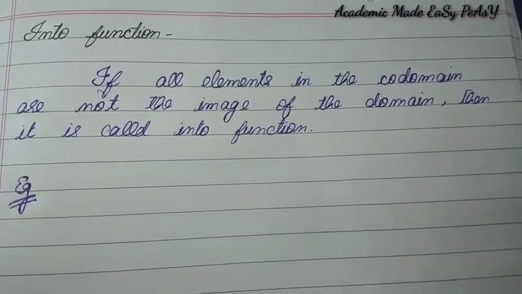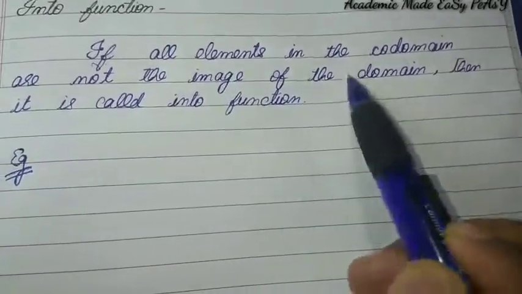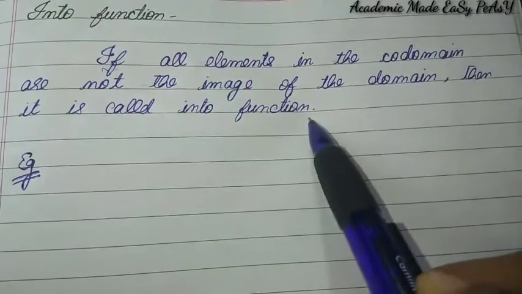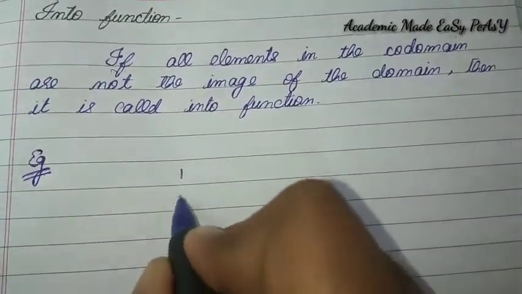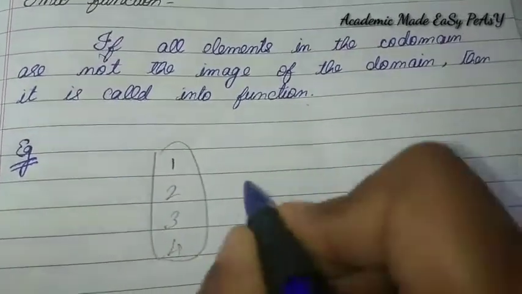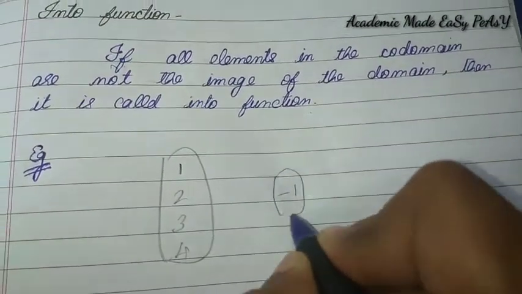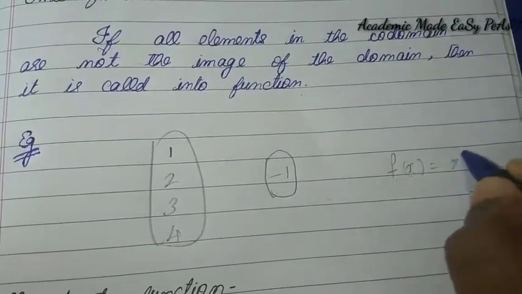We'll move on to into function. If all elements in the codomain are not the image of the domain, then it is called an into function. So let me give you an example. 1, 2, 3, 4, and I have minus 1 over here. So I have f of x is equal to x square.